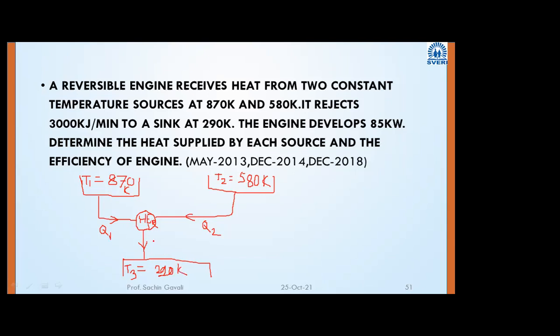And here it is Q3 amount. The rejected heat is Q3, which is 300,000 kilojoule per minute, but whenever we take it, it should be per second.